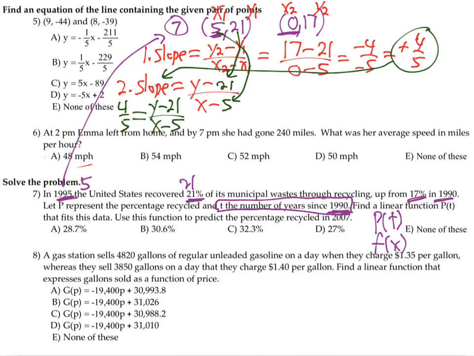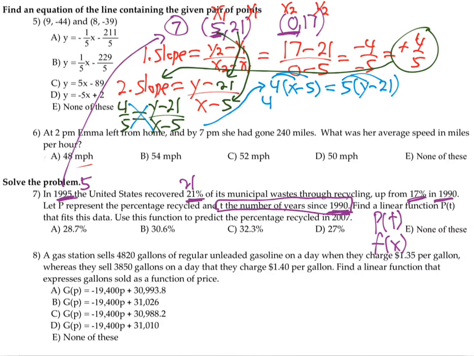Like that? And then we're going to go diagonal, diagonal, aren't we? Cross multiply? Bring it up here. So we get 4 parenthesis x minus 5, 5 parenthesis y minus 21. Distribute the 4.